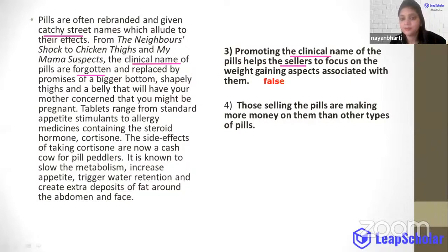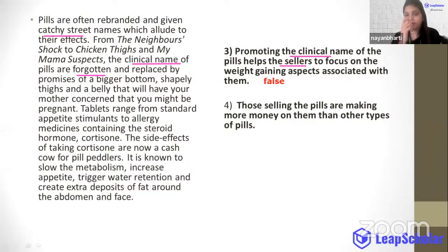Okay, the next question. Those selling the pills are making more money on them than other types of pills. So that means people who are selling these pills are making more money than other types. What will be my answer in this? Can I find this answer? Vamsi, how true? Where can you find this information, guys? Very good, guys. Everyone is giving the correct answer. Gani, how false?